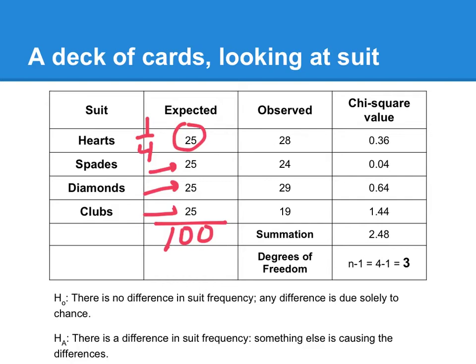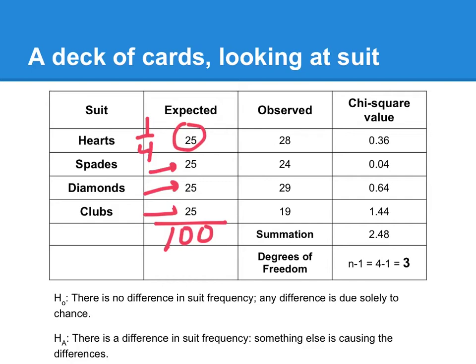Now, if I do this 100 times, it's certainly possible that I might not get exactly 25 of each. I might get 26 or 24 or 27 or 23 due to random chance. We know that's a possibility. And so what I've done is I've come up with some example data.